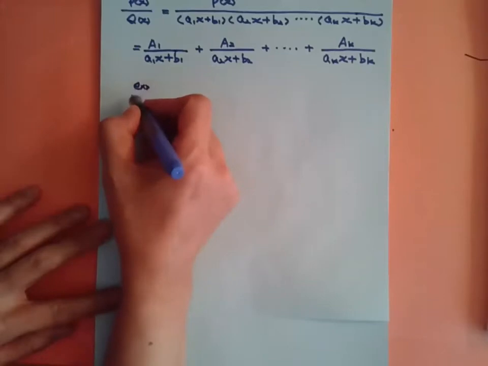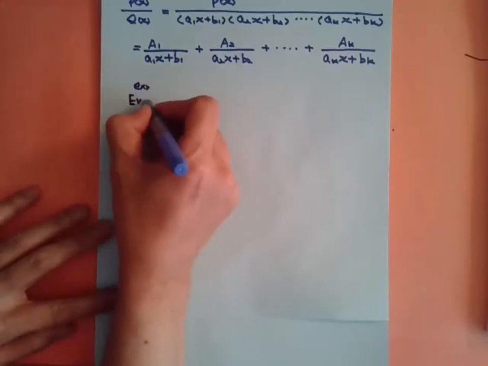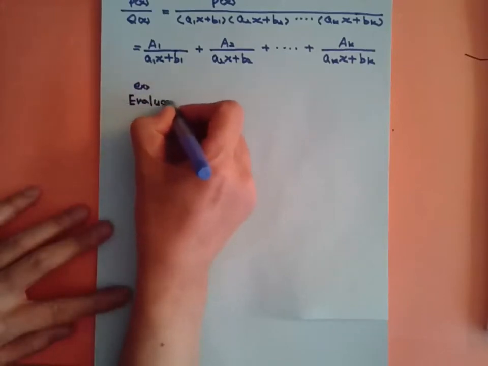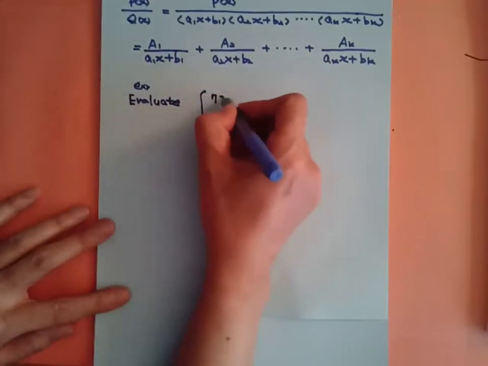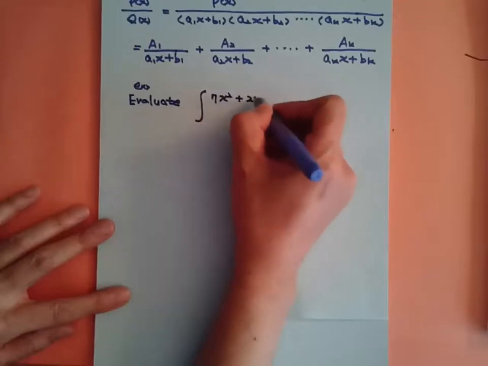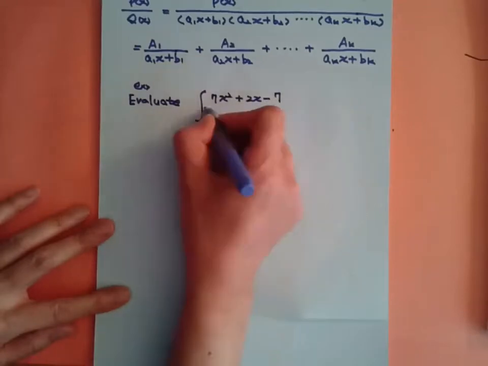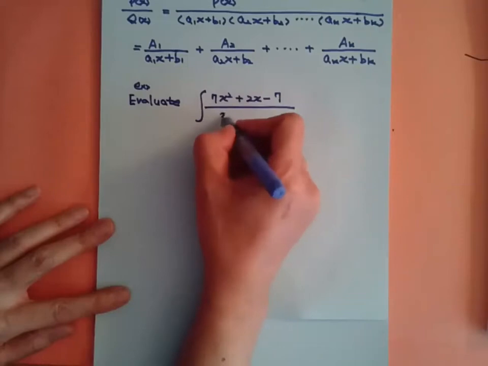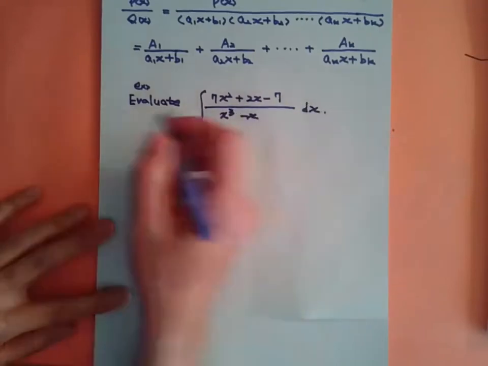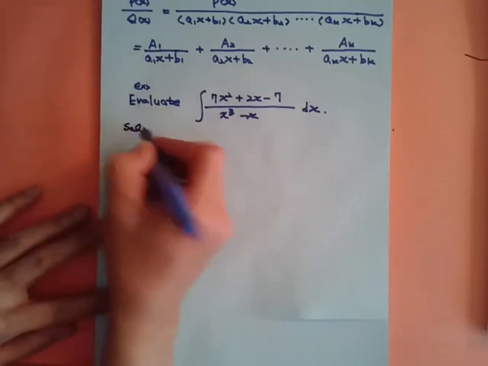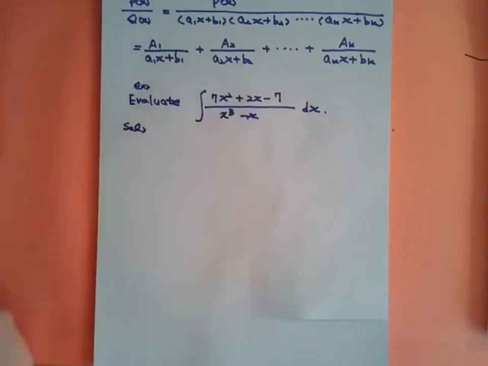Let's do an example. Evaluate the integral of 7x squared plus 2x minus 7 over x cubed minus x dx. In this case, we have to work on partial fractions.